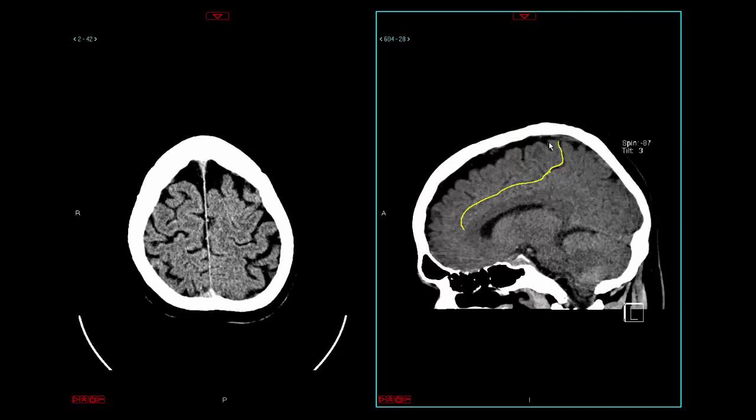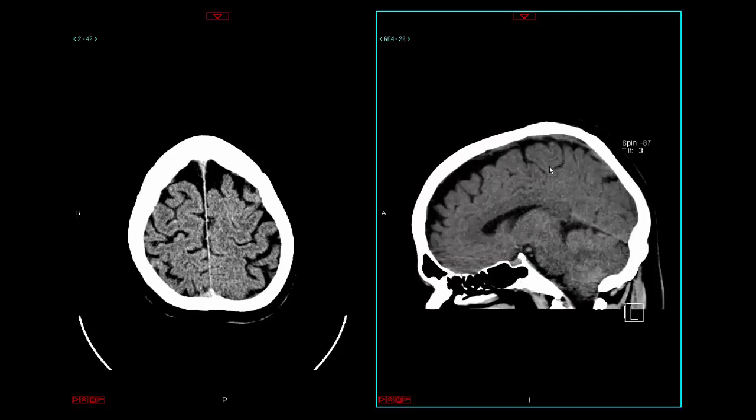The point of this is the sulcus just anterior to the marginal ramus is your central sulcus, making this your motor strip and this your sensory strip there. So that's the importance of seeing that on the sagittal imaging, especially a decent midline sagittal image.